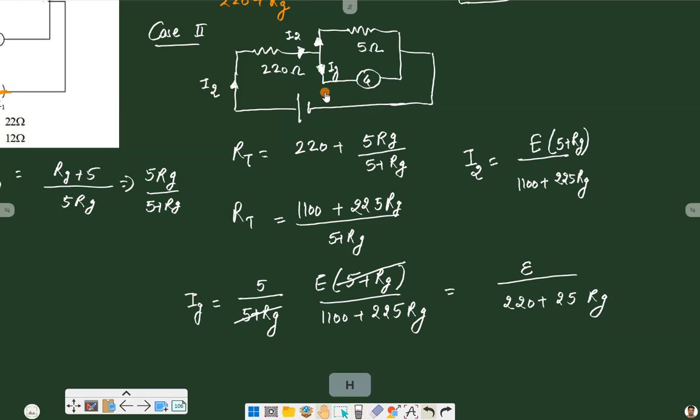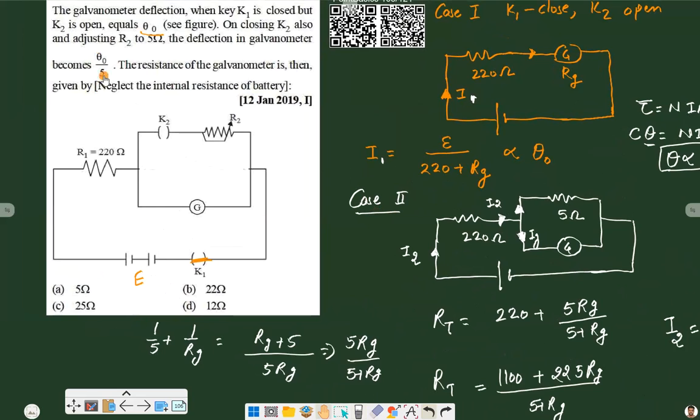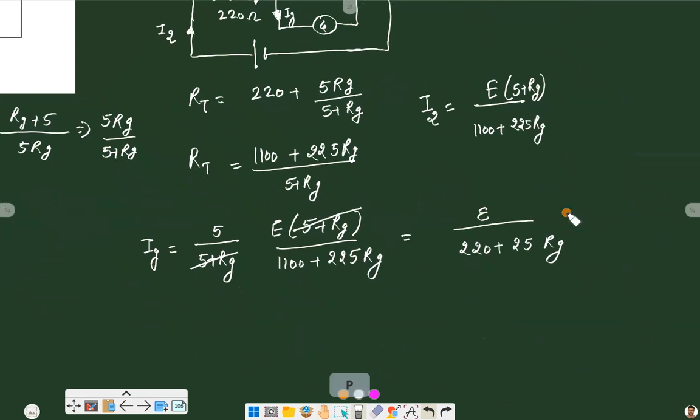And as mentioned, this value should be proportional to theta naught by 5, because here the deflection is theta naught by 5. Let's copy this so that we can compare both.